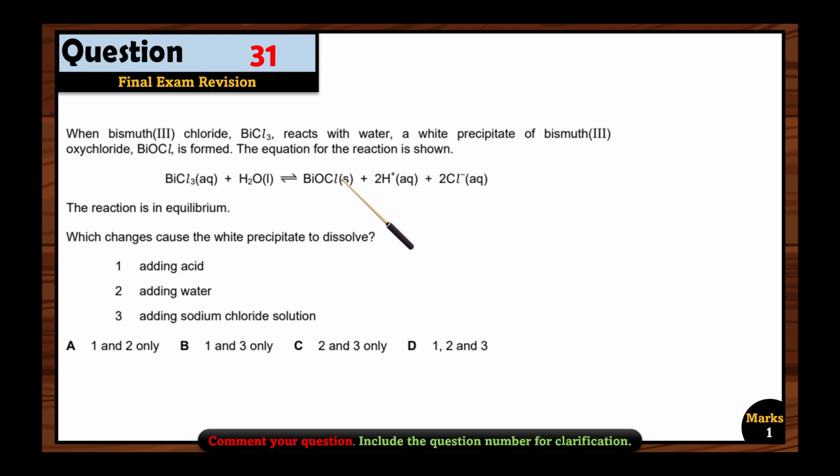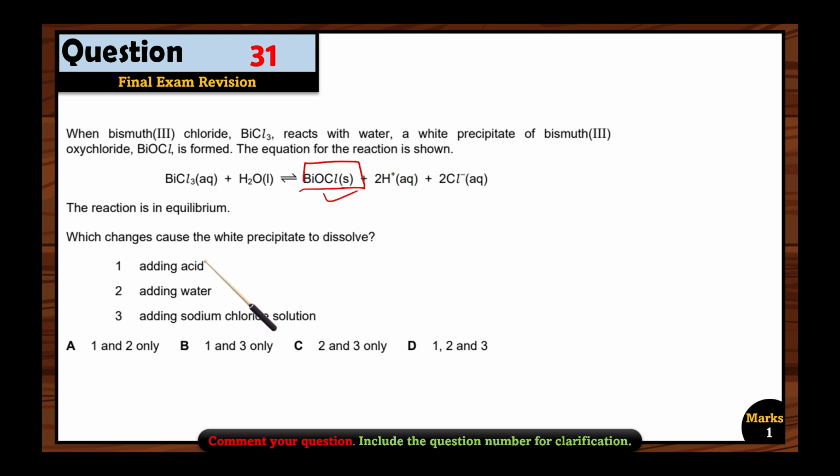Question 31. When bismuth chloride, BiCl3, reacts with water, a white precipitate of bismuth oxychloride is formed. The equation for the reaction is shown. The reaction is in equilibrium. Which change causes the white precipitate to dissolve? So you see, we have the white precipitate here in the product, because all the others are solutions, and this one is the only solid here.